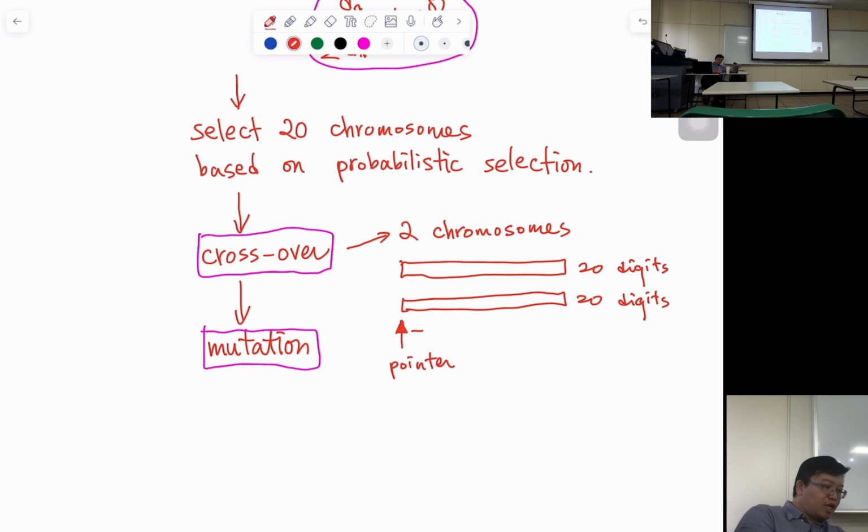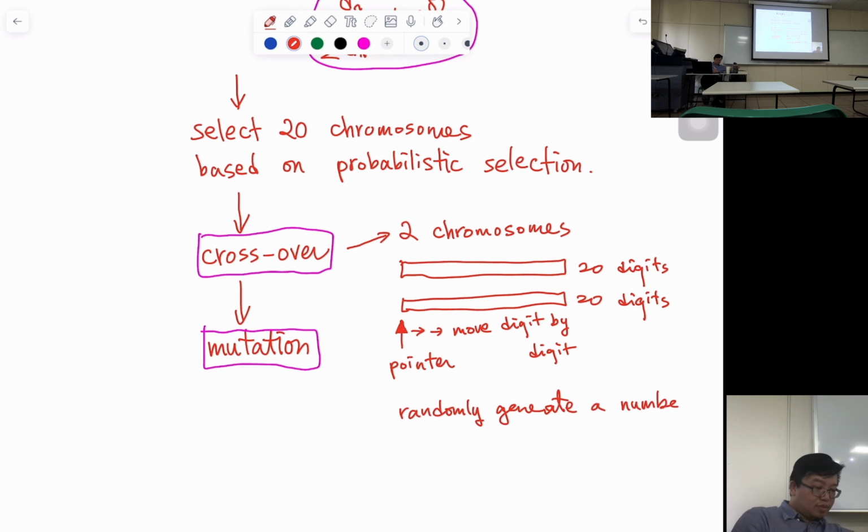So the pointer is going to move digit by digit. Every time it moves by a digit, you are going to randomly generate a number, basically from 0 to 1.